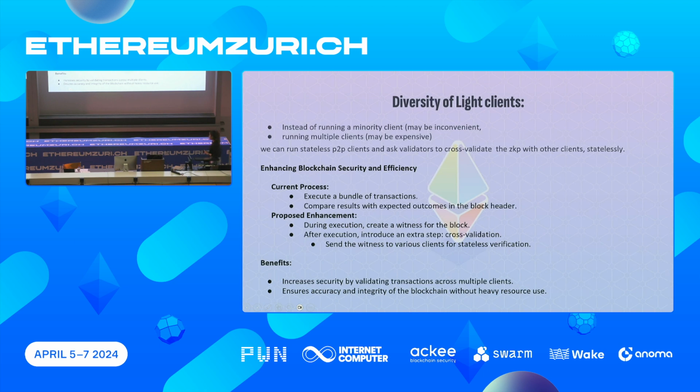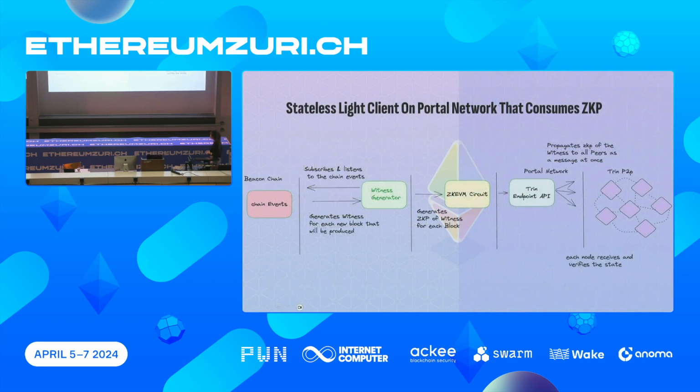The benefit is increased security by validating transactions across multiple clients. And because it's super simple and super fast to get synced with the rest of the network, it increases diversity and also ensures accuracy and integrity of the blockchain without heavy resources being used, thanks to the cryptographic proofs of ZK. So this is the high-level overview of the workflow.